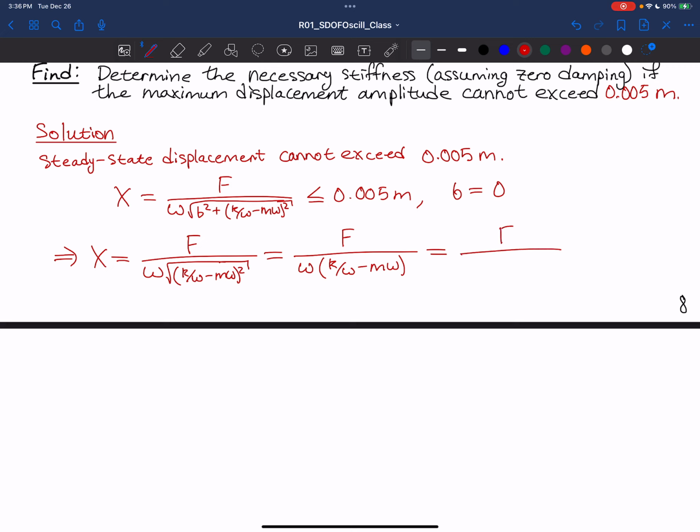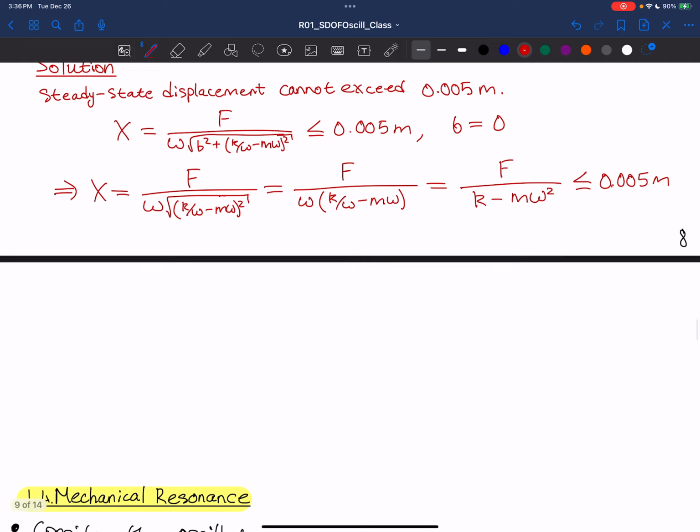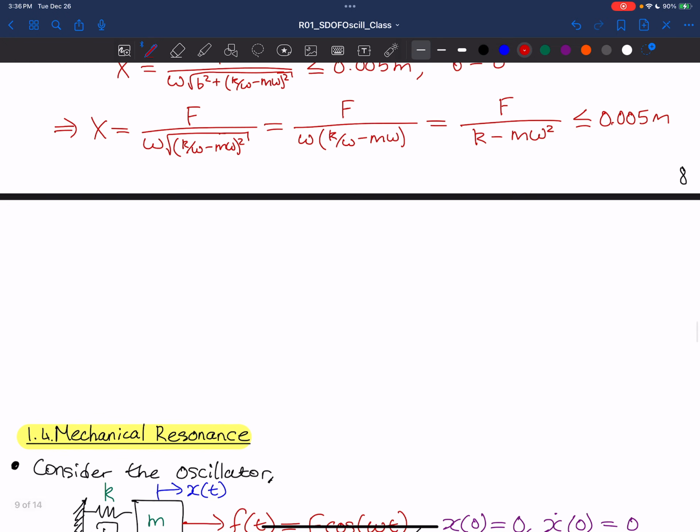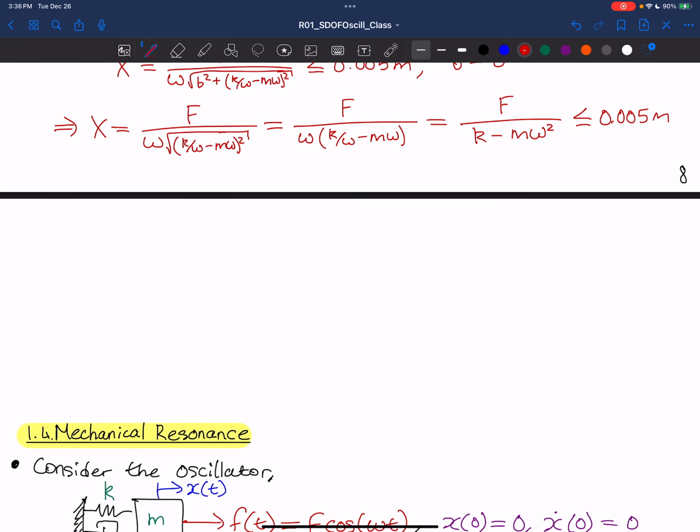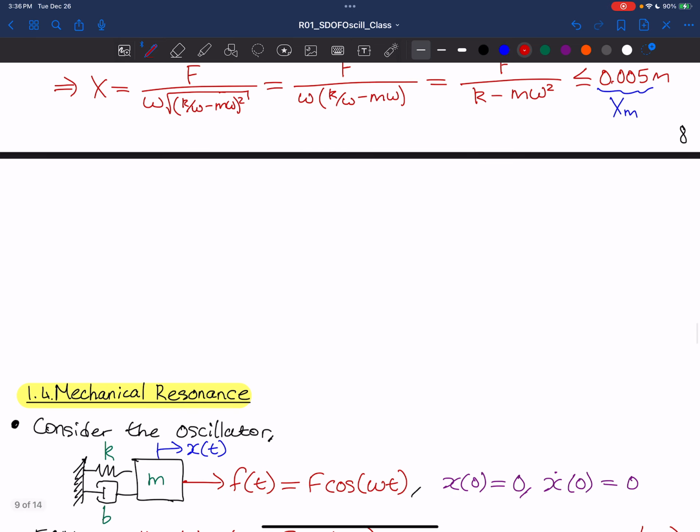So we'll have F divided by K minus m omega squared, and this must be less than or equal to 0.005 meters. All right. Let's call this big X sub m. That's our maximum displacement. We're just going to use a variable because it's going to save us time in writing this out.